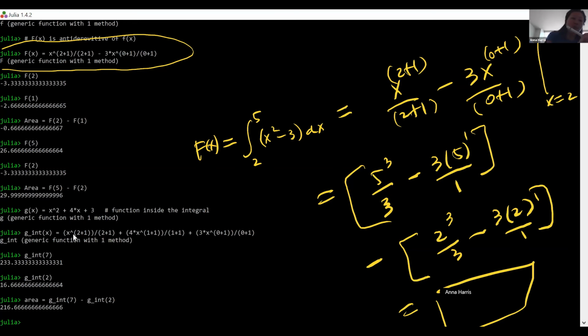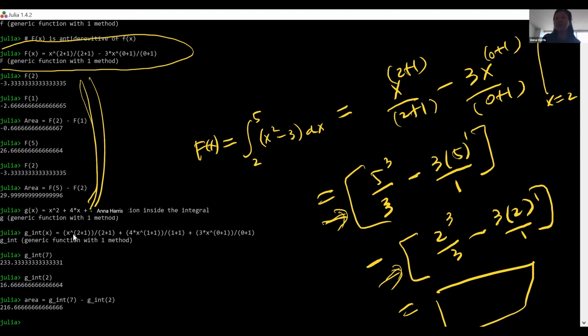So you don't have to show me this if you do that over here like this. So your work can be showing me a screenshot of Julia. So on your exam, again, you have to show your work. Your work can be showing like this, or you can show me like that, which is much easier.